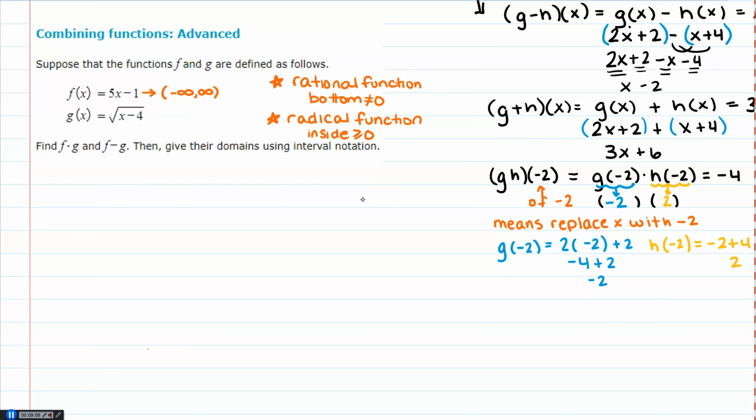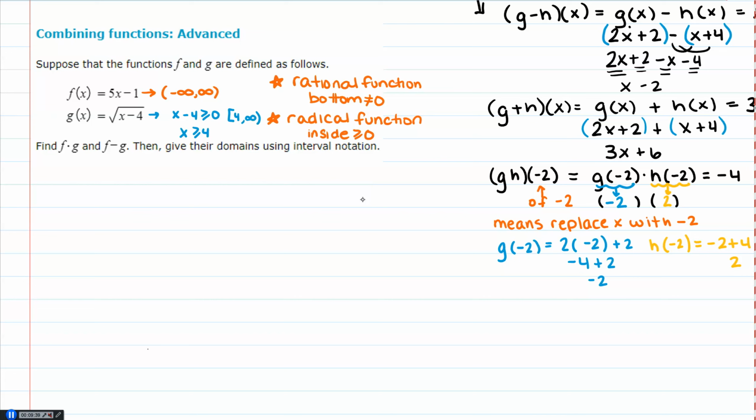Now for g, we've got a radical. So for the g of x function, we need x minus 4 to be bigger than or equal to 0, because you can only take the square root of a positive number or 0. So this says x has to be bigger than or equal to positive 4. So the domain for this one is 4 to infinity.